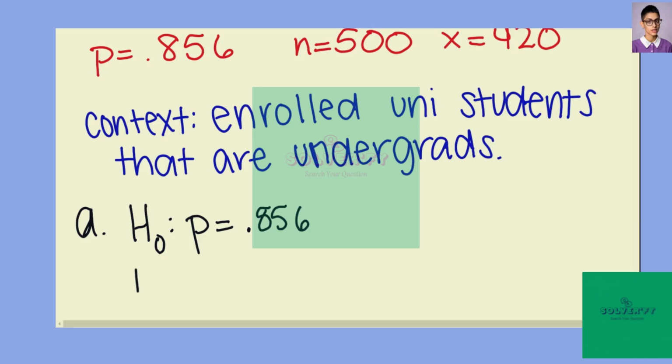The claim is that the true proportion of university students that are undergrads is 85.6%.